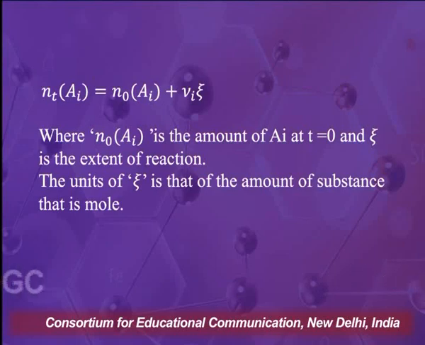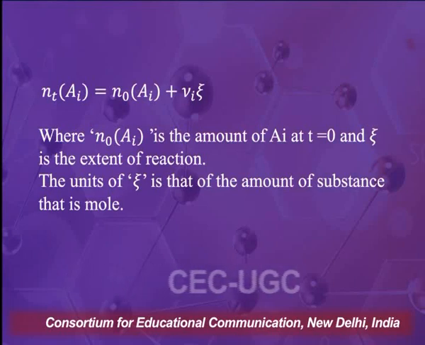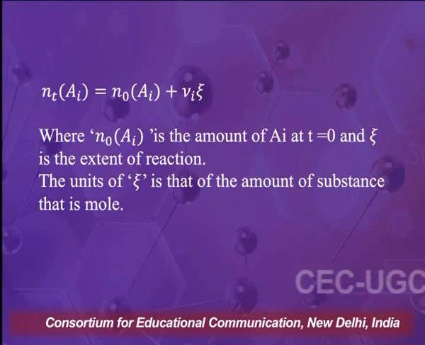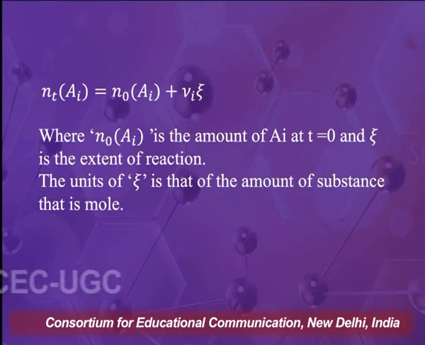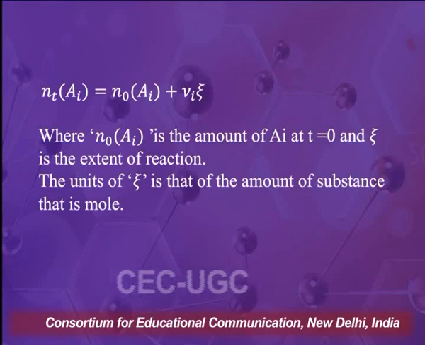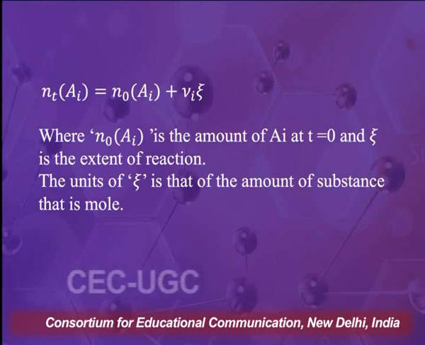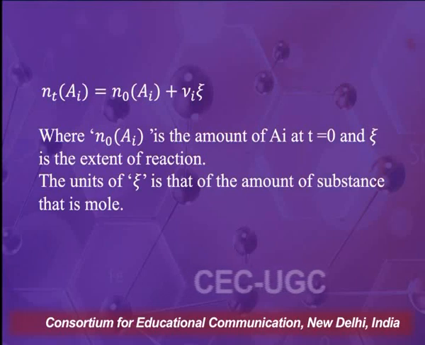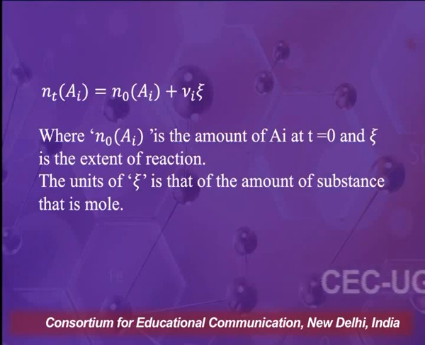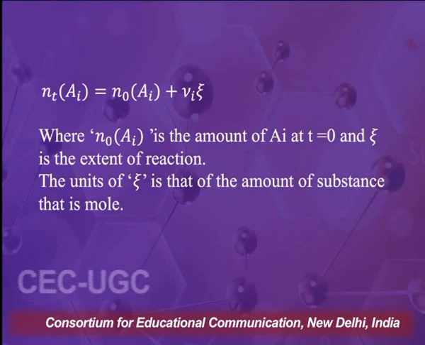So, the number of moles of the ith constituent at time t, that is n at time t of A i, is equal to n naught A i plus nu i xi. n naught A i is the amount of A i at time t equal to 0 and xi is the extent of reaction. The unit of xi is that of the amount of substance, that is mole.